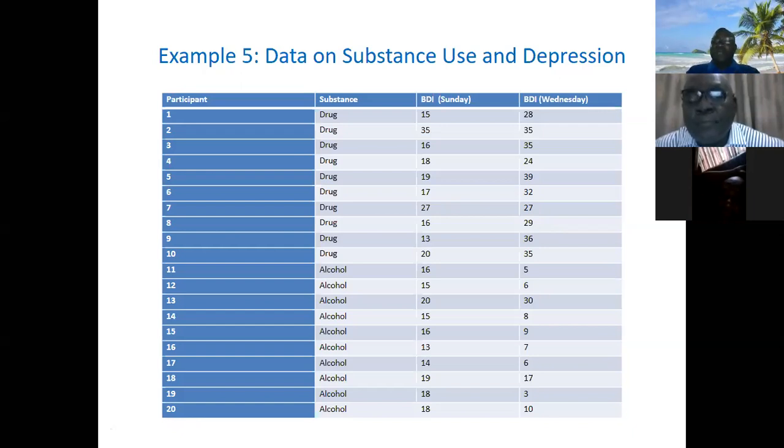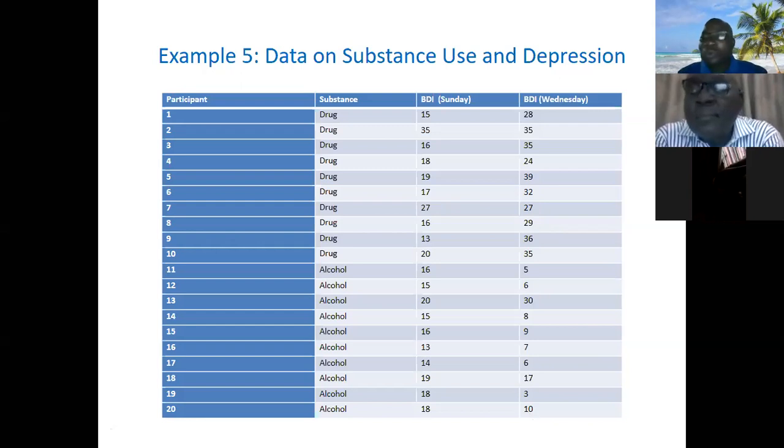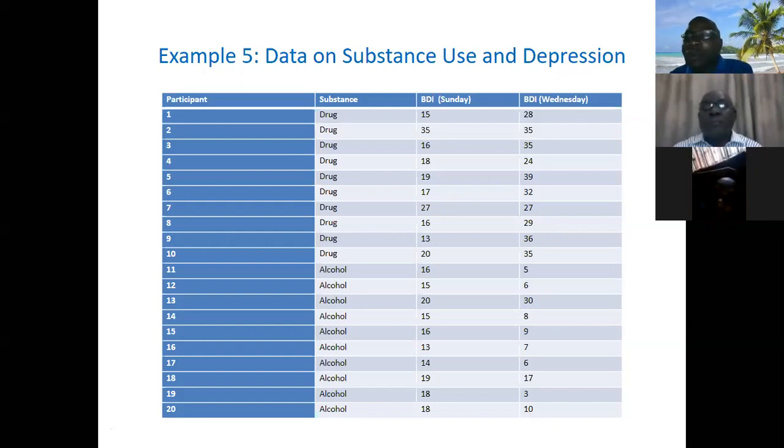You can treat it as two independent groups, drug and alcohol, and compare depression on Sunday between them, and depression on Wednesday between them. But if you also want to compare as dependent, for drug you compare depression on Sunday with Wednesday, and the same for alcohol.